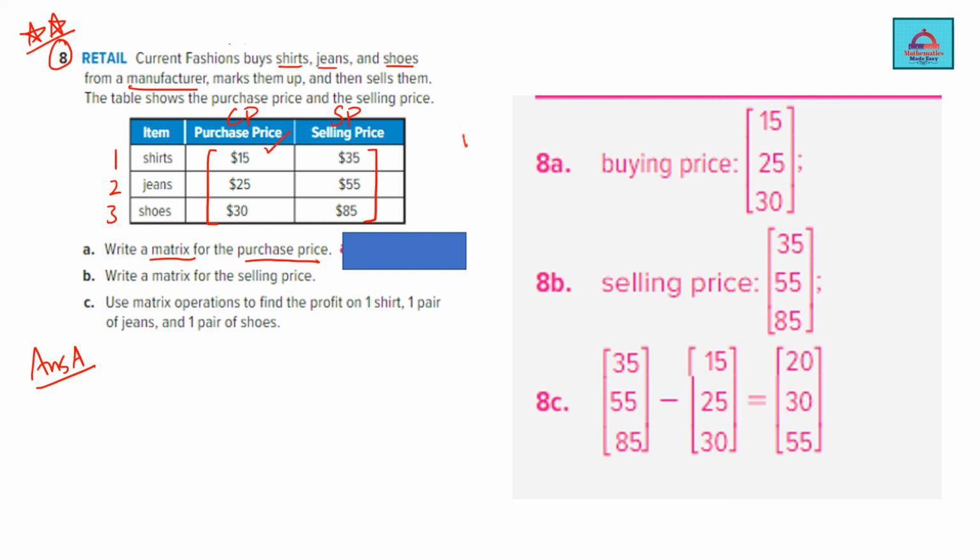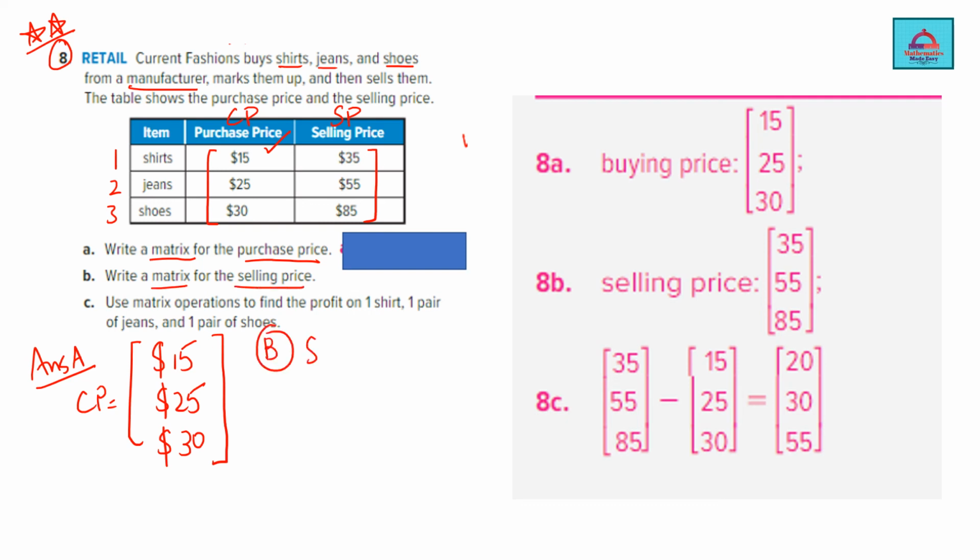So for this, the matrix would be 15, 25 and 30. So let me denote this matrix with CP. That's the cost price or purchase price. For B part, it is asking you the matrix for selling. So I'm going to denote by SP, the second column, which is 35, 55 and 85.